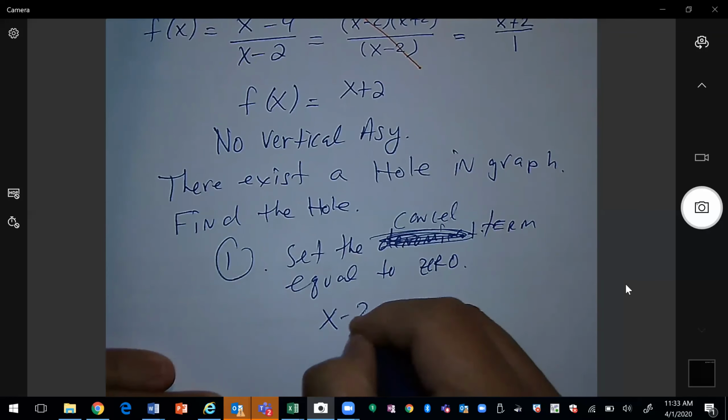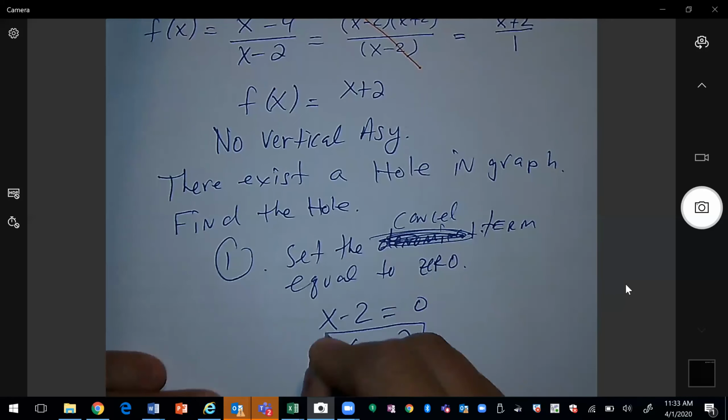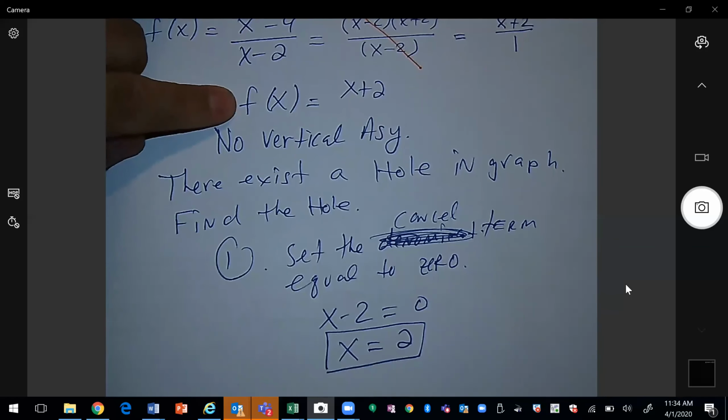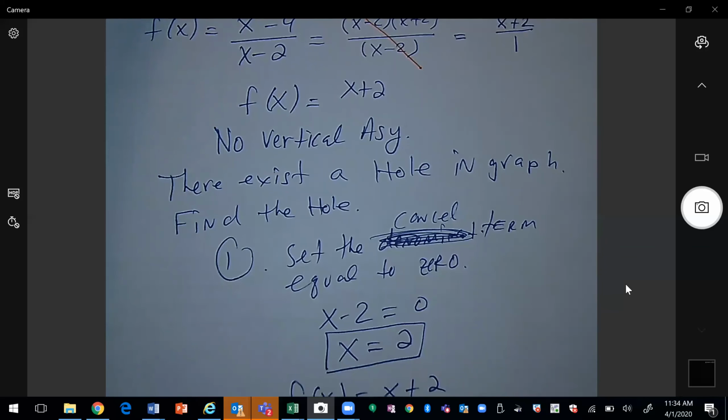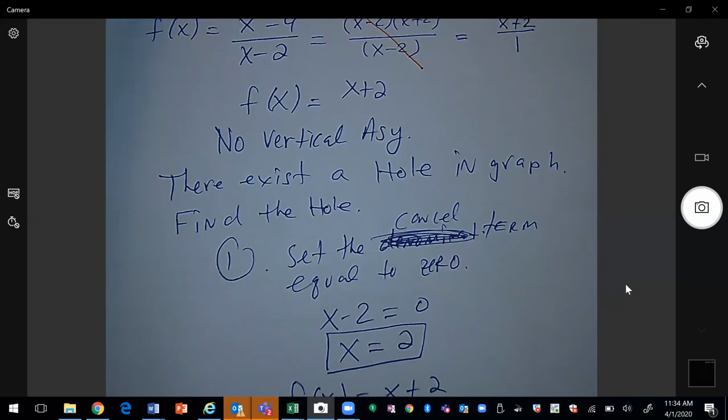That's x minus 2 is equal to 0. So if I solve for x, I get x equals 2. But then we need to find a y for that. Okay, so to find the y, we're going to plug it into what we have left after we canceled the terms. So we're going to plug it into f of x equals x plus 2. So what this means is that there's a hole located at (2, 4).